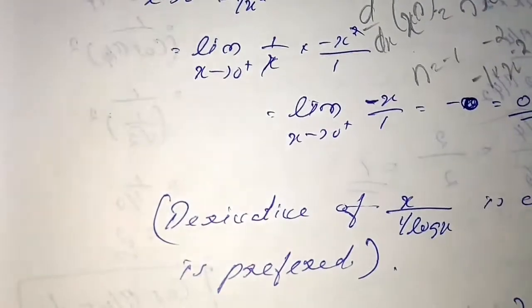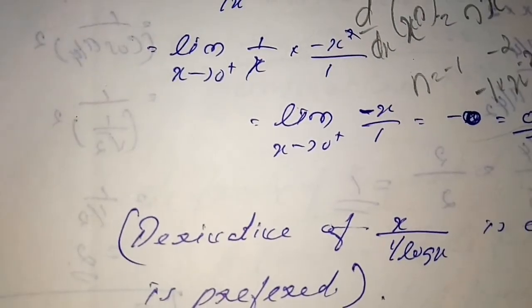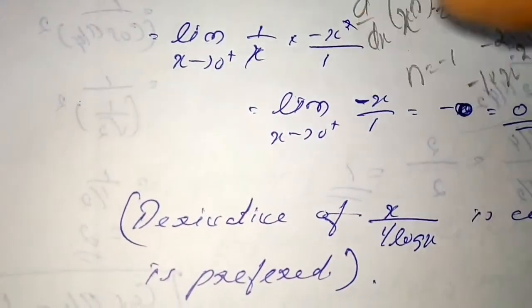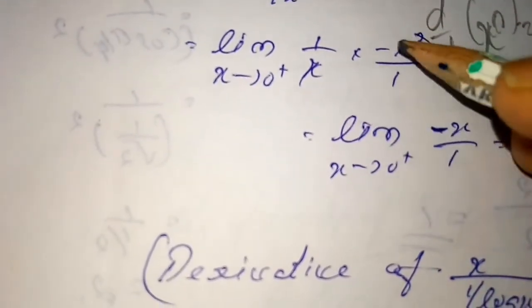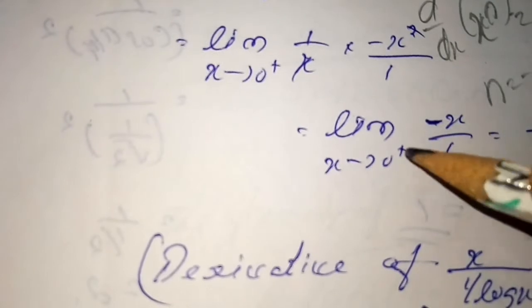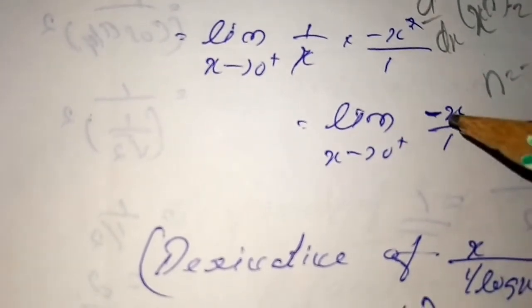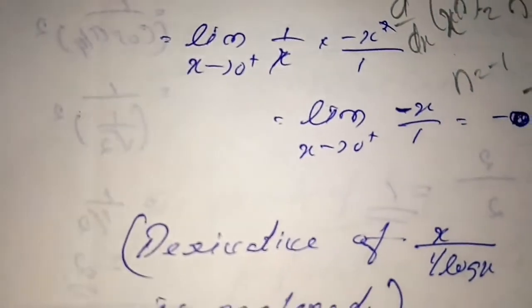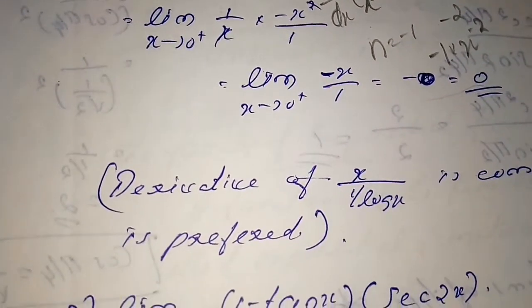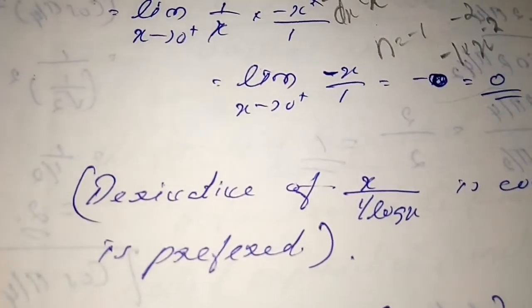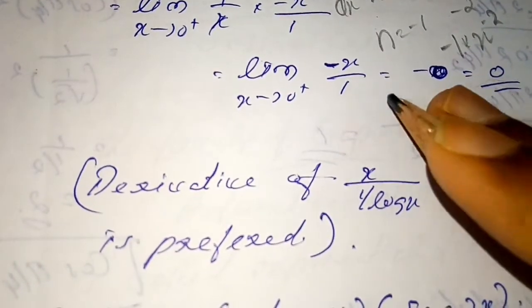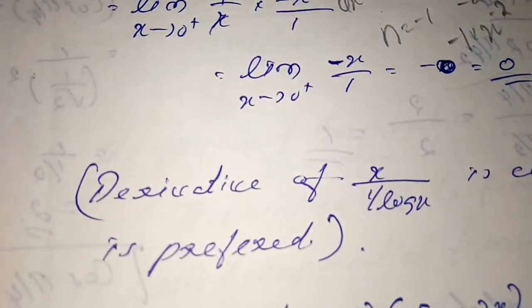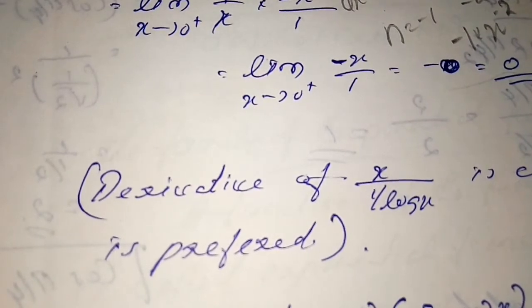By cross multiplying, we can cancel these two. x square and x got cancelled, and we will arrive at limit minus x by 1. So limit x tends to 0 of minus x by 1 will be 0, because it doesn't matter whether 0 is minus or plus. So the answer for this question is 0.